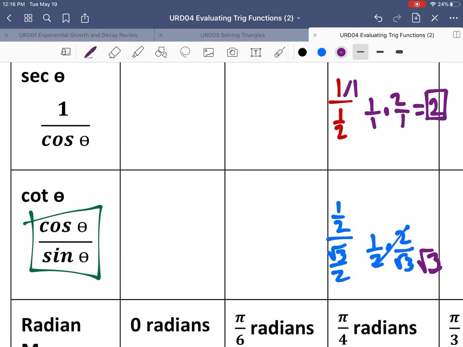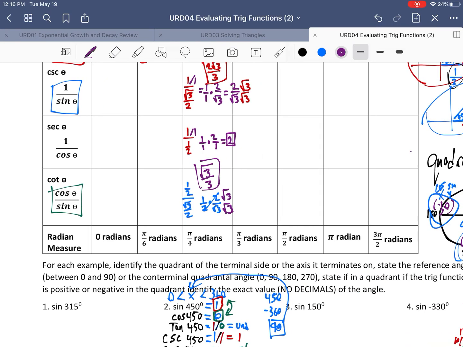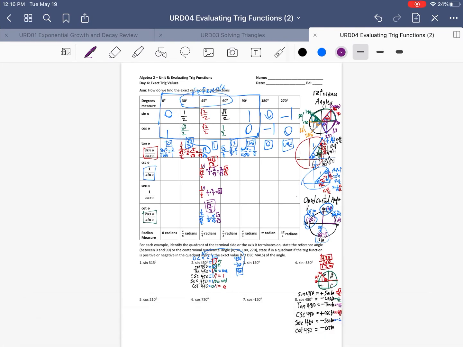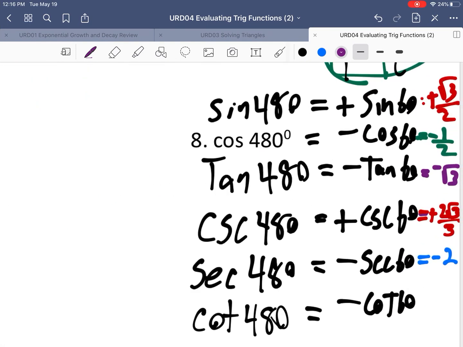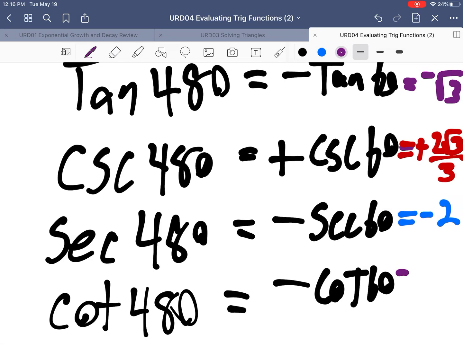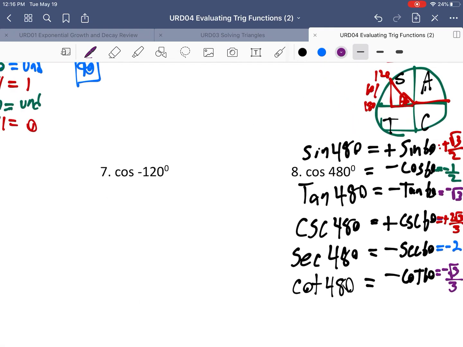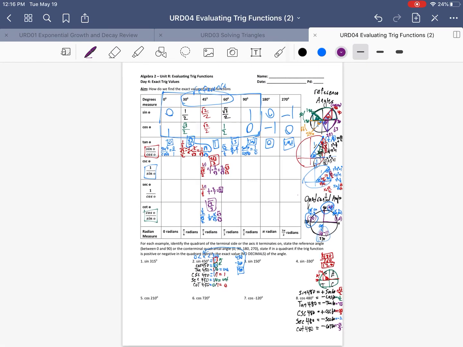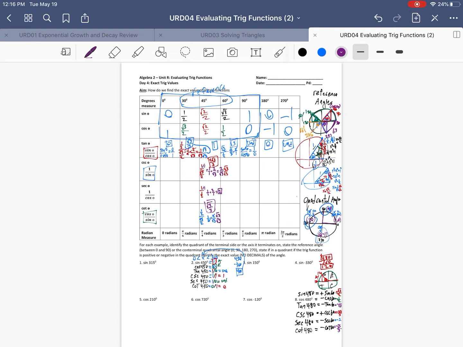The 2's cancel out, and then I'm going to rationalize the denominator. And I'm going to get radical 3 over 3. So this is going to be equal to negative radical 3 over 3. So depending on what you're asked for, you can get all of the values.